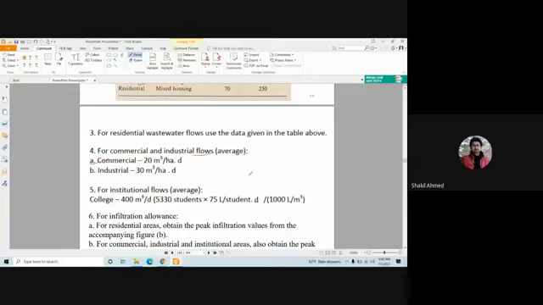That means if you have an industrial land area of 100 hectare, then your wastewater flow will be 20 into 100. The hectare cancels out, so it will be meter cube per day. Clear? Yes, sir. Similarly, from industrial.